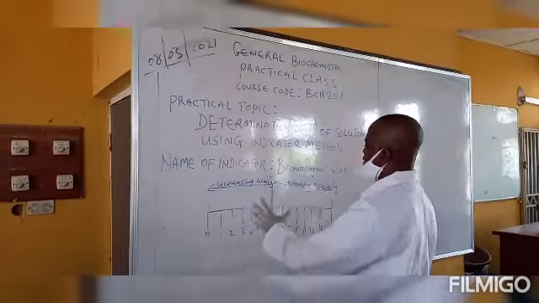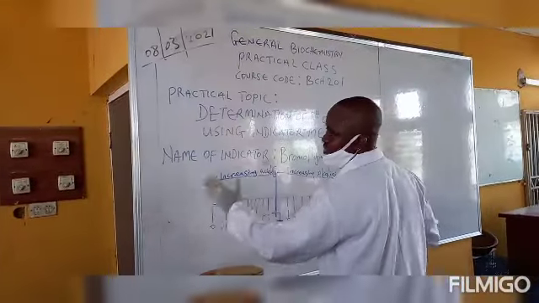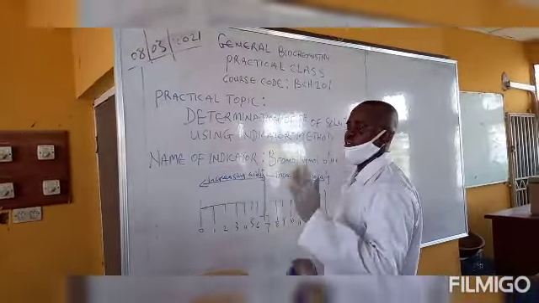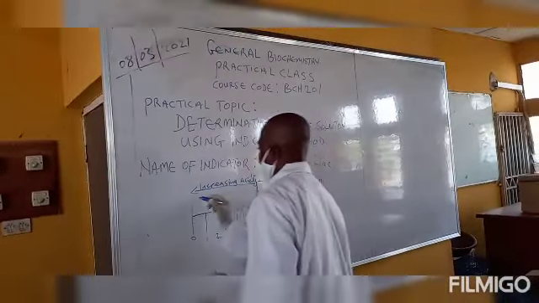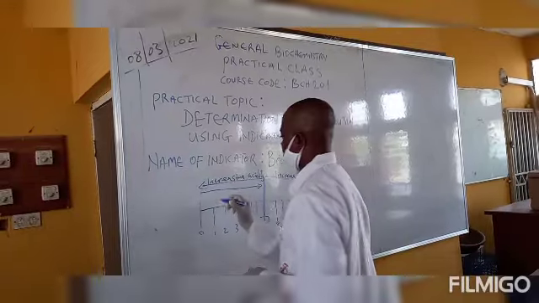As a pH tends away from 7, the acidity of that particular pH increases. And as the pH approaches 7, the acidity decreases.